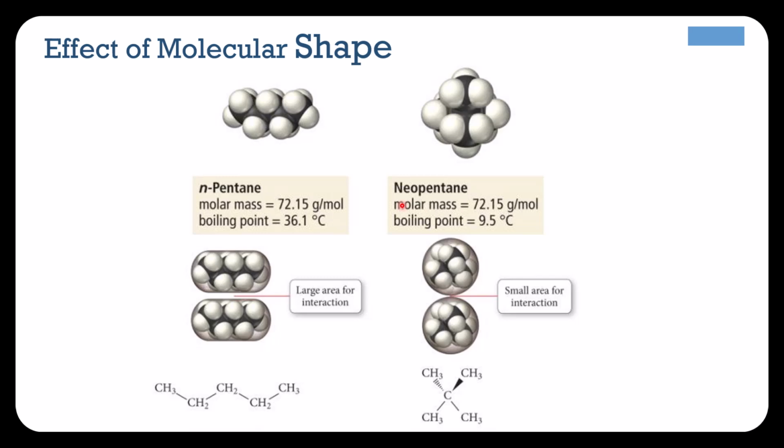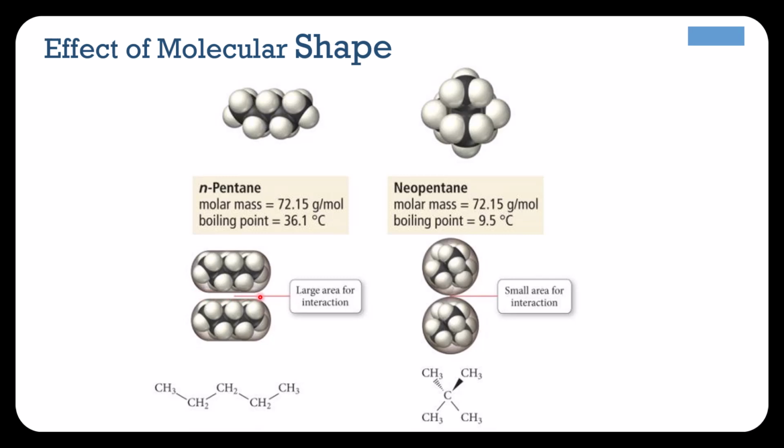Now we're looking at the shape, the opportunity for intermolecular interactions to take place. So here for the N-pentane, we see that this is a long chain of carbons. They're kind of strung together in a train series here, okay? So what we'll see is a lot more opportunity for intermolecular interactions to take place, right?